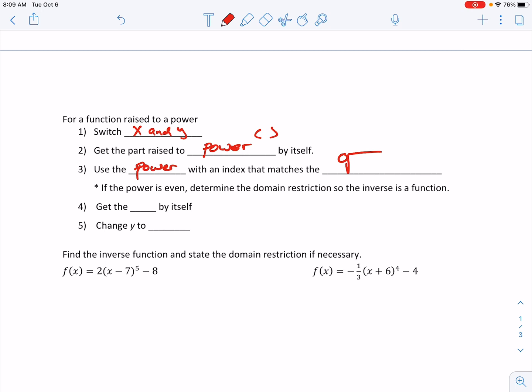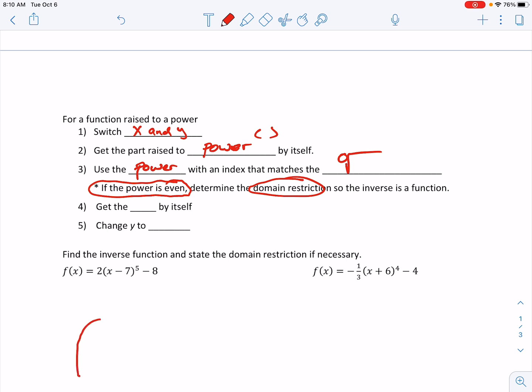So if it's even, let's make sure we underline this. If the power is even, then we're going to restrict our domain. Then we need a domain restriction. If it's odd, we don't need one, because it will be one-to-one. So for odd functions, as we look down below, we've got one that's to the fifth power.